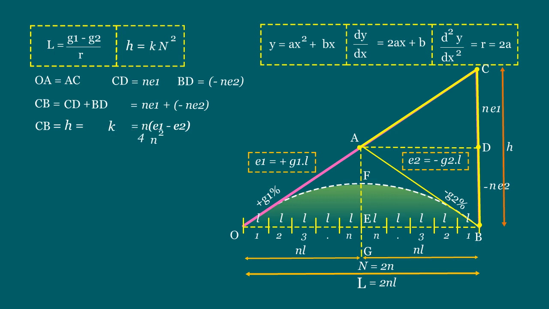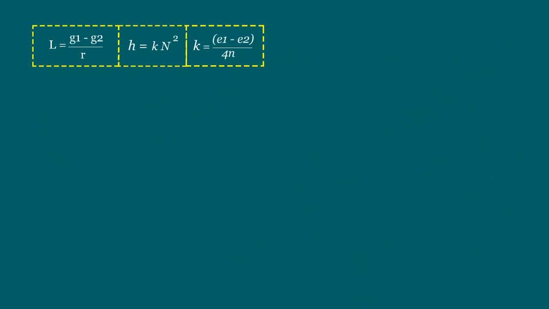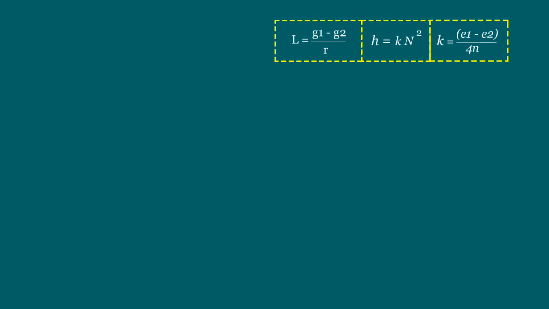Now, k equals n into E1 minus E2 divided by 4n square. Here, this n and square of the n get cancelled. So, finally, k equals E1 minus E2 divided by 4n. In the above equation, proper care for signs must be taken while substituting the numerical values of E1 and E2.